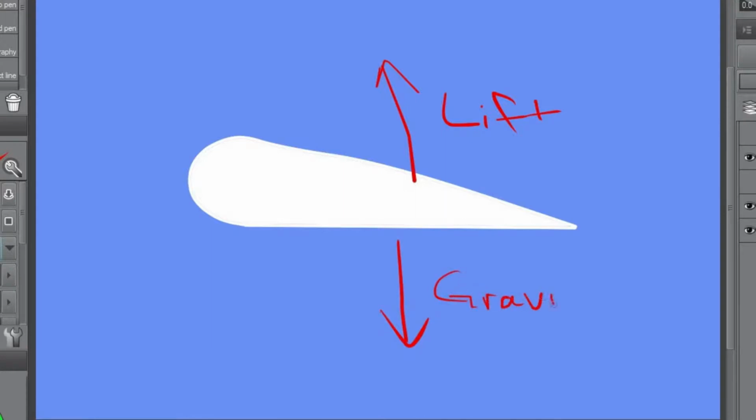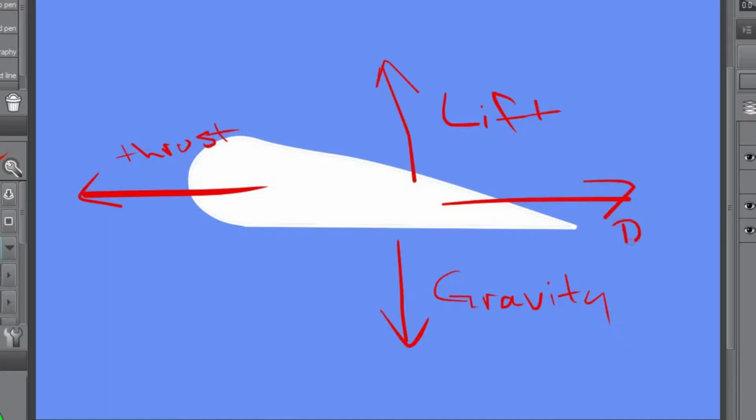We're going to call that gravity. Now, the engines are putting out power that's driving the aircraft forward, and we call that thrust. And the aircraft has a certain resistance to passing through the air, and that resistance has a tendency to counteract the thrust and slow the aircraft down. That, of course, is drag.